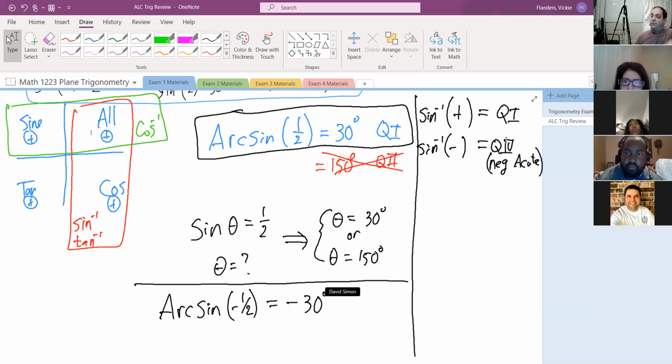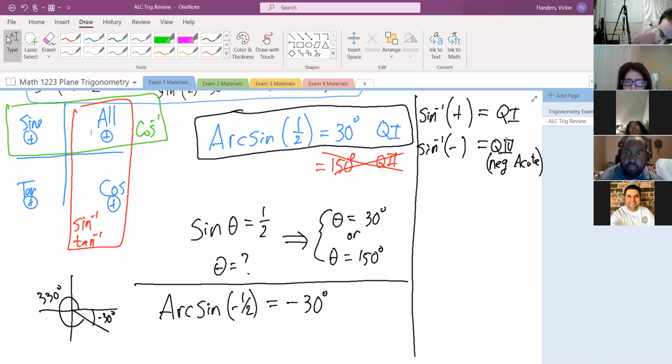Even though 330 degrees is the same location, right? 330 degrees rotates all the way around to be the same as negative 30. Like this, this is negative 30 degrees. 330 is here. Arc sine of negative 1/2 is not going to give you the 330. It's going to give you negative 30 degrees, which technically are equivalent, but numerically they're really not.